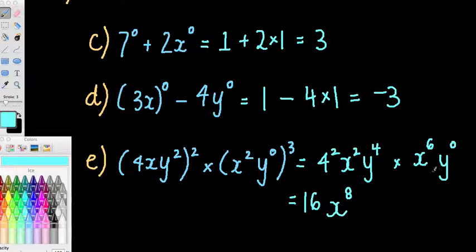And finally, this here is just a 1. So that's just saying 1 times x, isn't it? Another way to look at it is y here, another y there, so same base, add the indices. Well, I've just got 4 plus 0. It's not actually going to have any effect. This is my final answer, 16x to the power of 8, y to the power of 4.